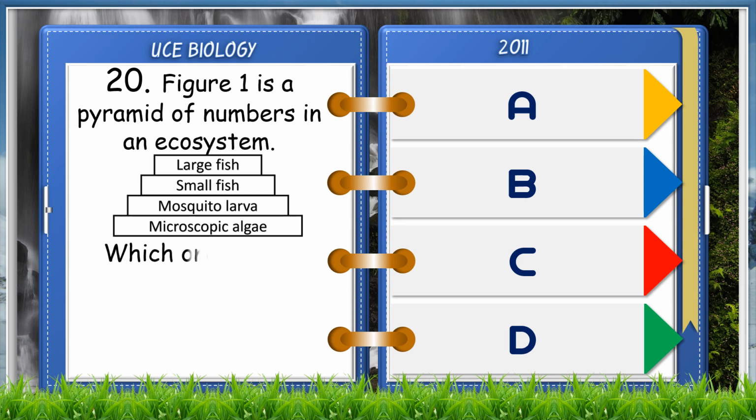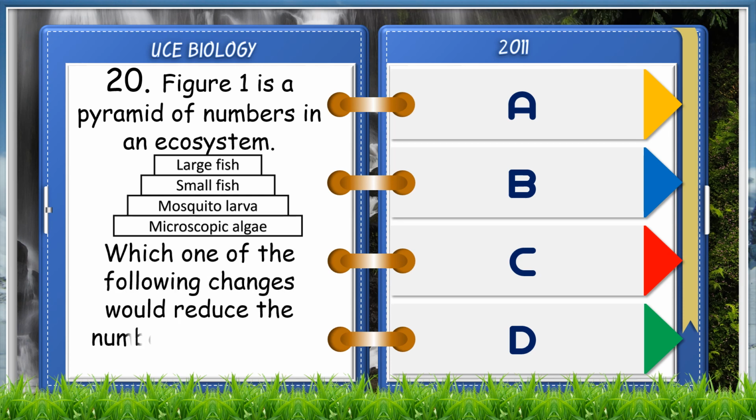Figure 1 is a pyramid of numbers in an ecosystem: microscopic algae, larvae, mosquito, small fish, large fish. Which one of the following changes would reduce the number of mosquito larvae?